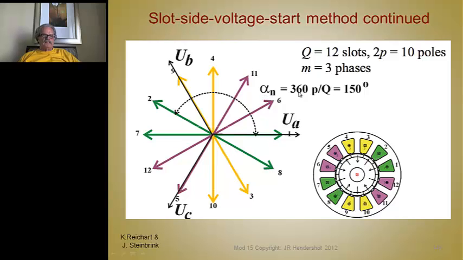So this angle is 360 degrees times the number of pole pairs divided by the number of slots. And so you have 360 multiplied by 5 divided by 12 gives you 150 degrees. So each one of these is 30 degrees apart. So 30 degrees into 150 is 5.